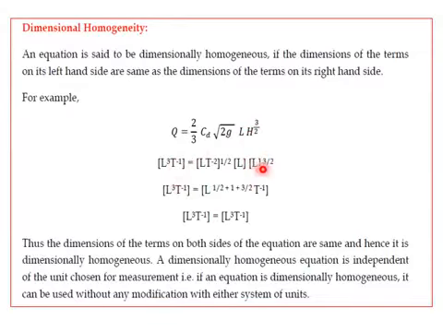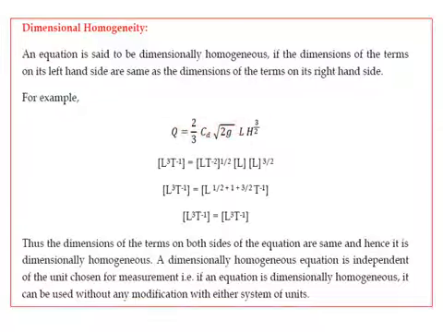When you solve this, you get L cube by T, and the left hand side is also L cube by T. So hence this equation is dimensionally homogeneous. That means the dimensions of the terms on both sides of the equation are the same, and hence it is said to be dimensionally homogeneous.